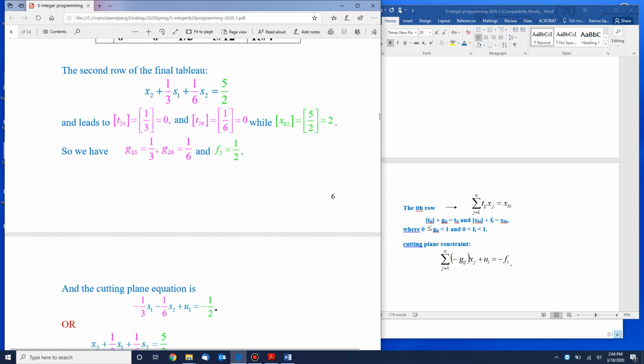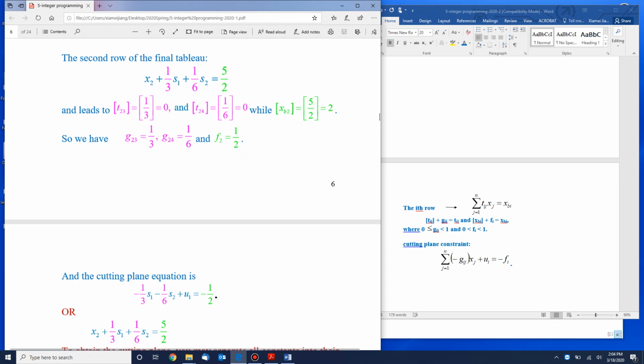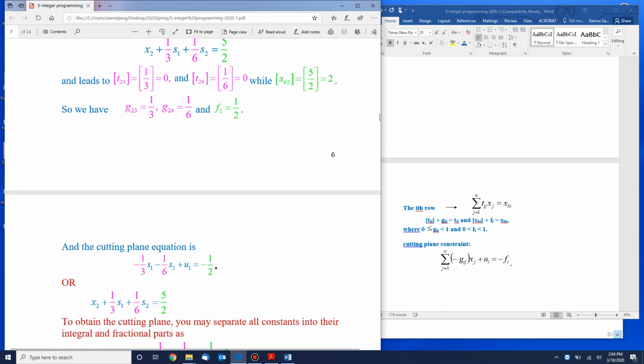Here is another way to do it, directly from the constraint. The second constraint is x2 plus 1/3 s1 plus 1/6 s2 equals 5/2.